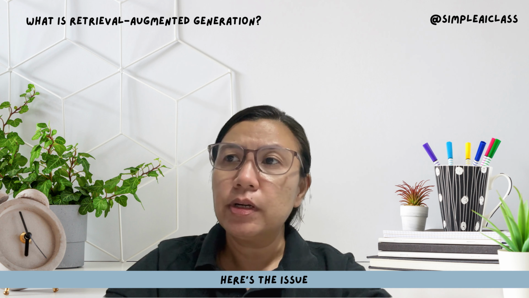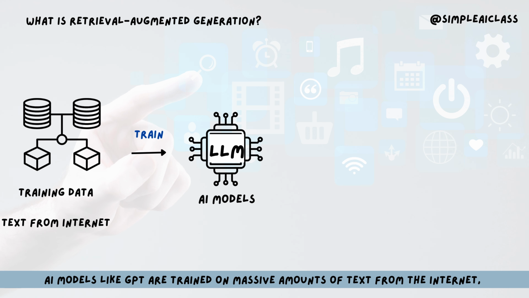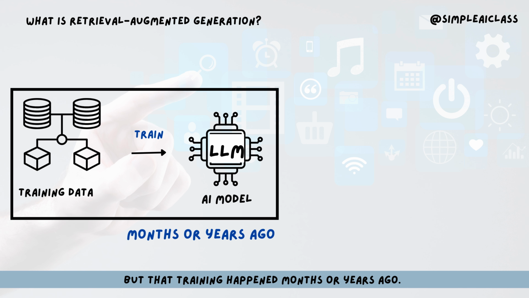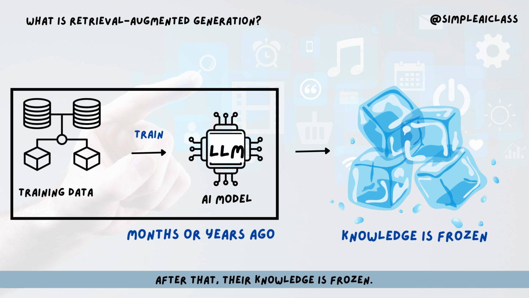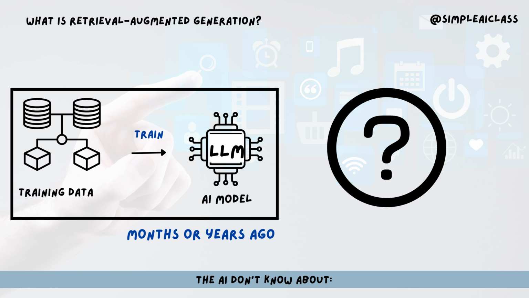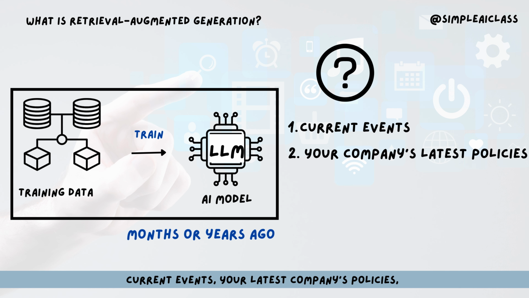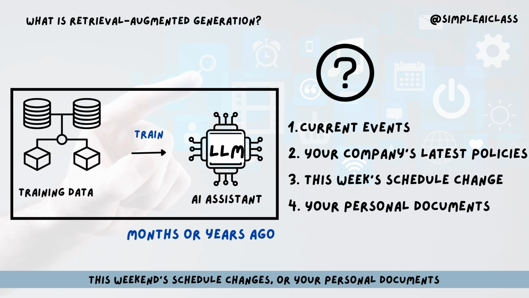Here's the issue. AI models like GPT are trained on massive amounts of text from the internet, but the training happened months or years ago. After that, their knowledge is frozen. The AI doesn't know about current events, your latest company policy, weekend schedule changes, or your personal documents.